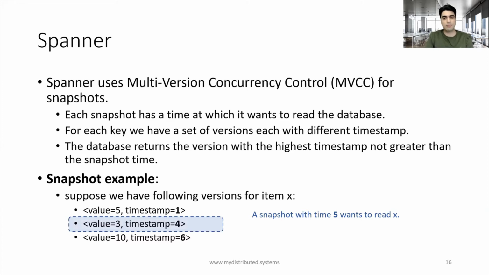So this is the snapshot algorithm of Spanner. Again, each snapshot has a timestamp. Each snapshot wants to read a set of keys or items, so it goes to the shards that are hosting those items, and each shard returns a version with timestamp not greater than the snapshot time. Very simple.